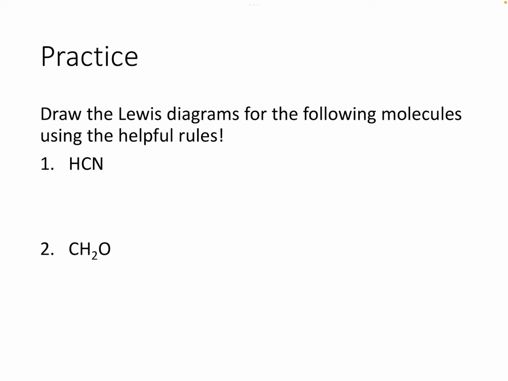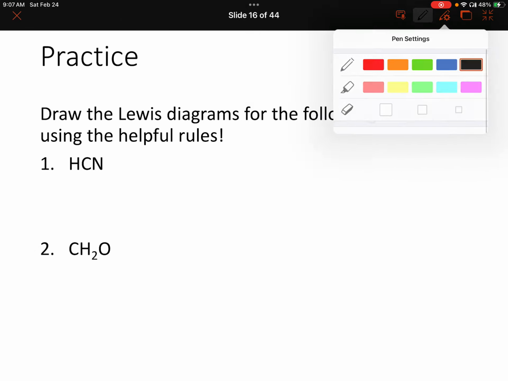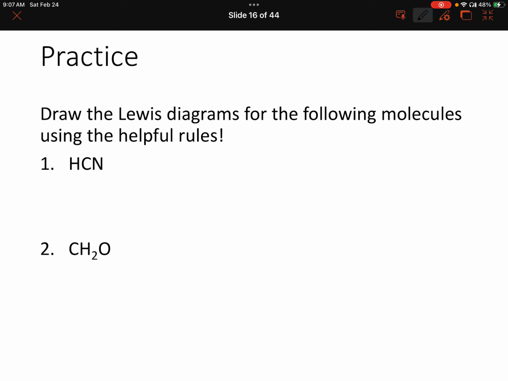Okay, let's start with HCN. So we need to figure out which atom goes in the middle. Now we have one of each atom. We have one hydrogen, one carbon, one nitrogen. So the way I'm going to figure this out is which atom has or can make the most bonds.